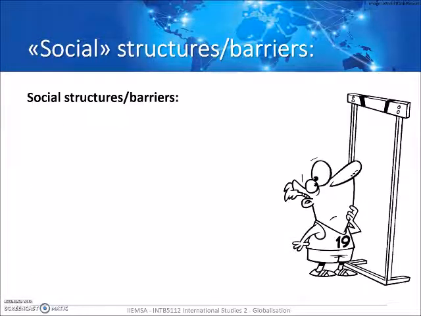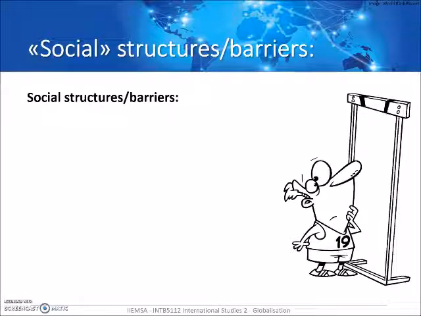When we look at structures or barriers, there are additional softer, less visible structures and barriers that we also need to look at because they have a very big influence. We call them social structures or barriers.